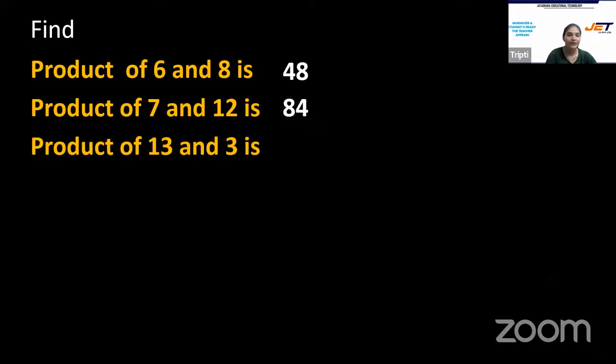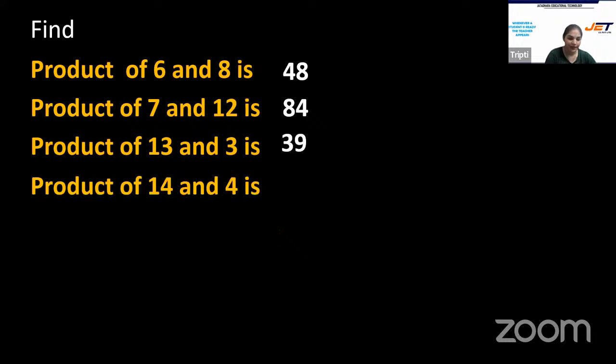Next one. What is the product of 13 and 3? 3 times 3, 9. 3 times 1, 3. We will learn how to multiply 2 digits by 1 digit. Next.